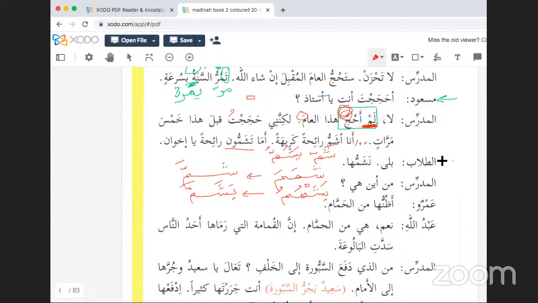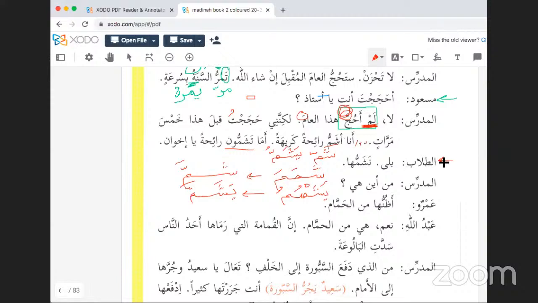Then the students, what did they say? Who was reading? Russell was reading this, yeah? Myself, Abdul Karim. Yeah, it is bala nashammuha. So he said bala, because the teacher asked a negative question.